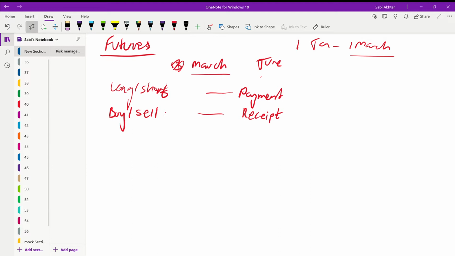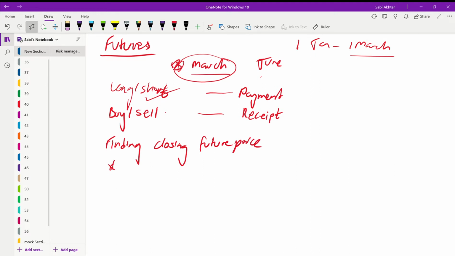Once you have decided, let's say it's a payment. So you go for long future for March future. Okay, long future for March. Now coming to what is next? Finding closing future price. Starting point is basis risk.